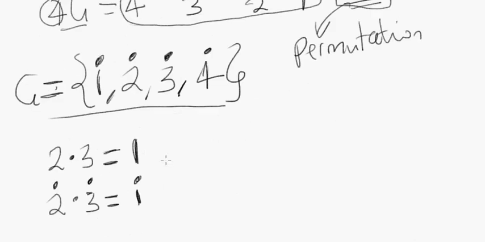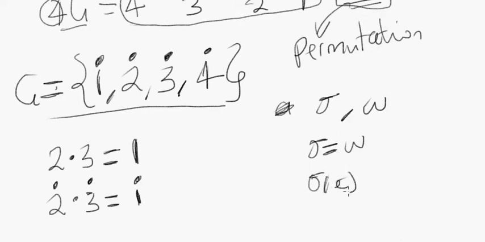For instance, what does it mean for two permutations to be equal? If sigma is a permutation and omega is a permutation, when we say that sigma equals omega, what we're saying is that, because a permutation is really just a function, sigma of x, that is, if we plug in x into the function, should give us omega of x.